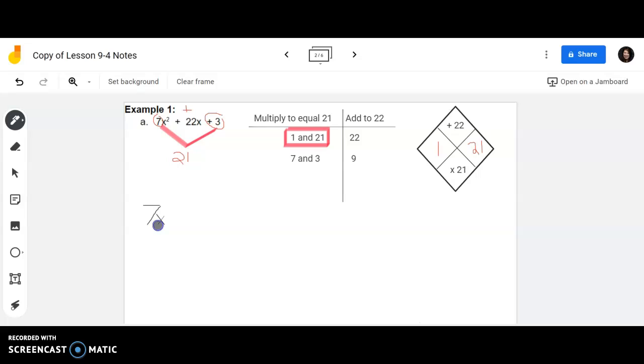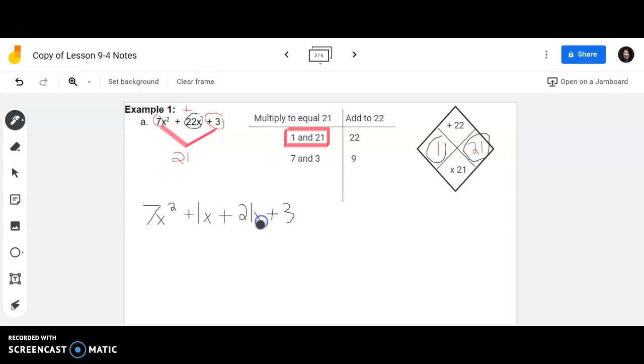We're going to have the 7x squared at the beginning, the plus 3 at the end, but we're going to put 1x and 21x. So we're replacing this 22x with a 1, but we put an x after it, and our 21, but we're putting an x after it. So that is our next step.